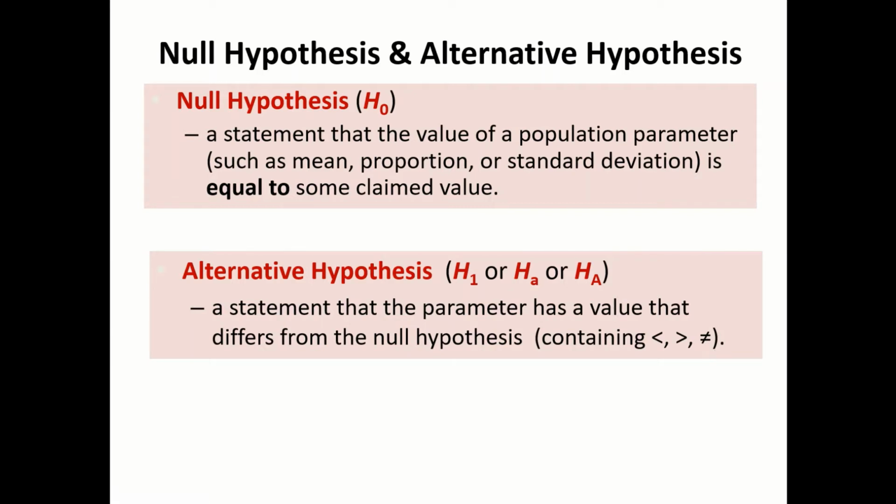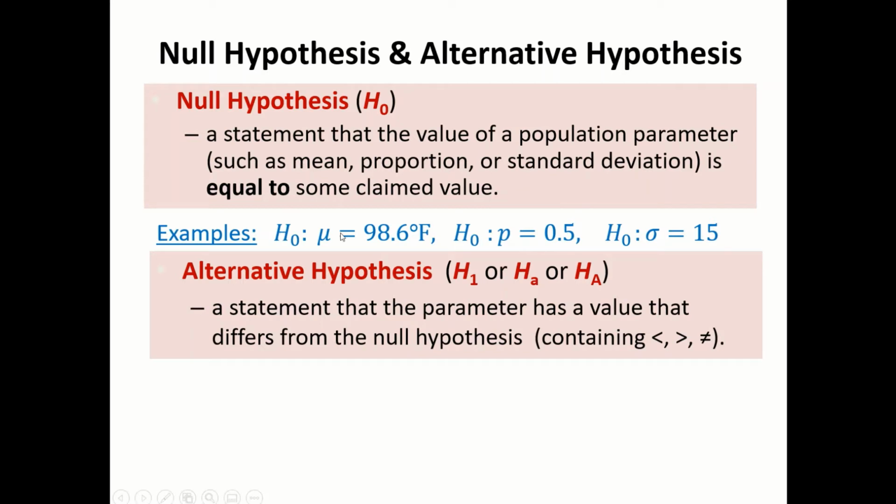So for example, for the null hypothesis, here are three different null hypotheses. You can tell here it says mu is equal to 98.6 degrees Fahrenheit. That's a null hypothesis because here it says the population mean is equal to a certain number. The second null hypothesis, P equals 0.5.